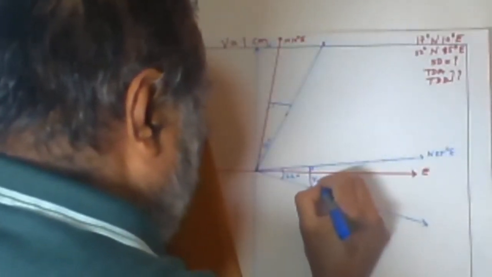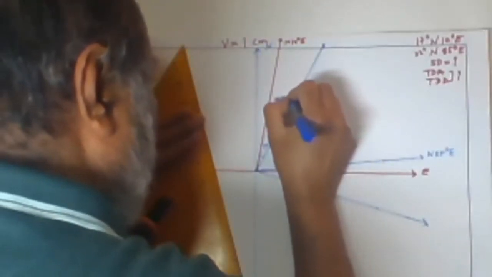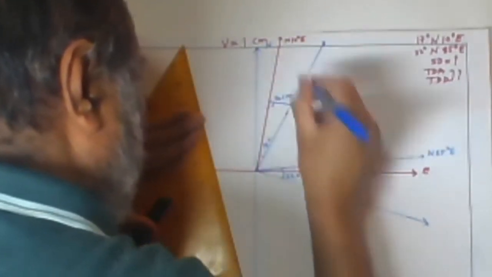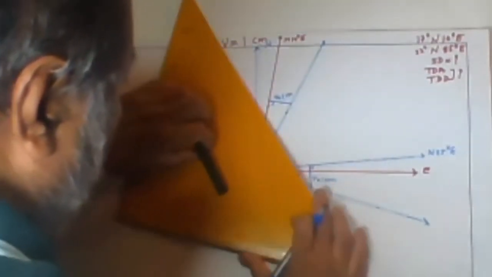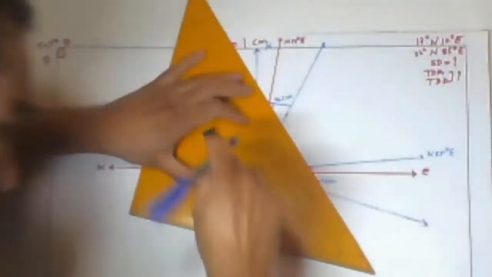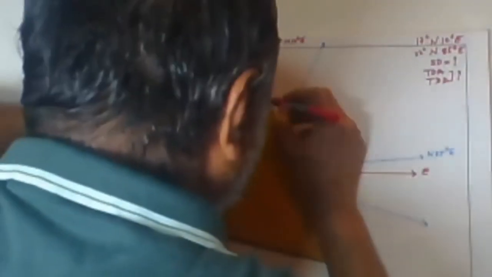This is the V 1 centimeter. Now join this point and this point, from where you have taken the perpendiculars. Joining these 2 points gives you the strike direction.